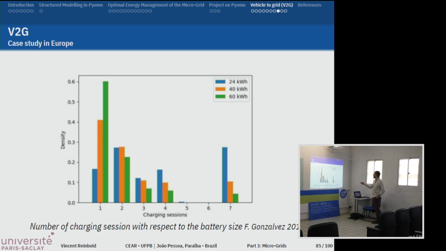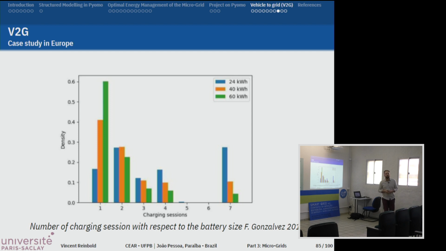Intermediate battery size, usually they charge once a week. And really big, actually really big nowadays, it's not that really big, but a 60 kilowatt hour battery pack needs to charge mainly at 60% one time a week.